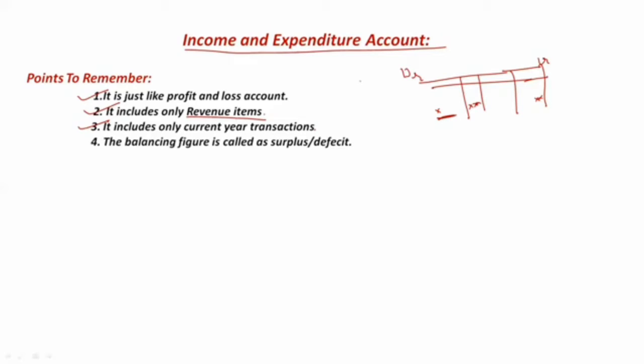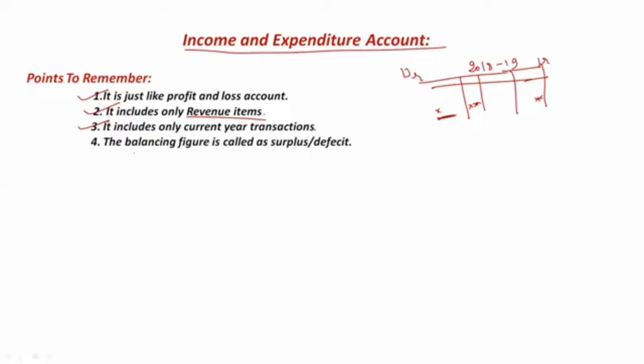Suppose I am preparing income and expenditure account for the year 2018-19. Whatever transactions are made during this year, only those will be recorded. On this basis there will be many adjustments given in the question, which makes this problem quite tricky. But if you remember that we only have to take current year transactions, then it's very easy. This is the third point that we have to remember.